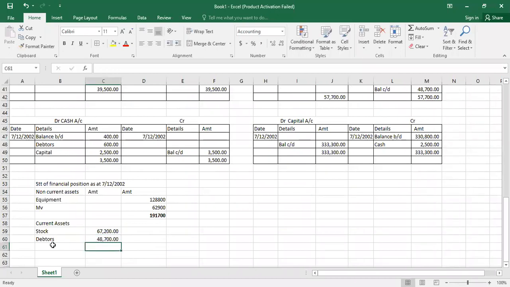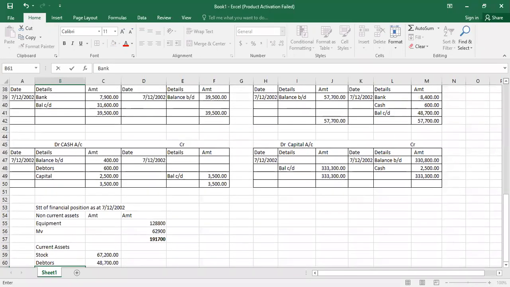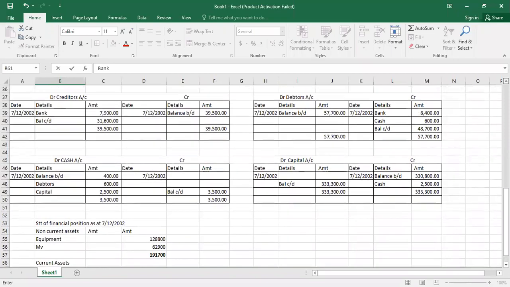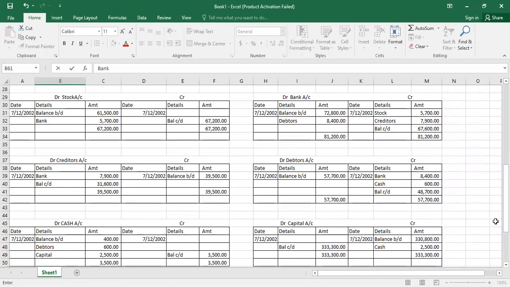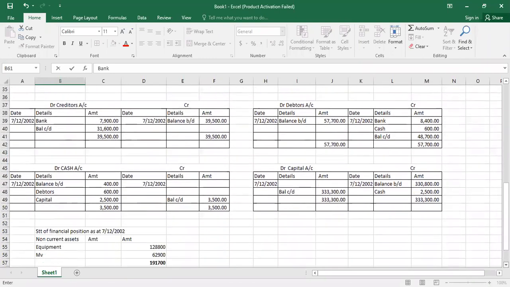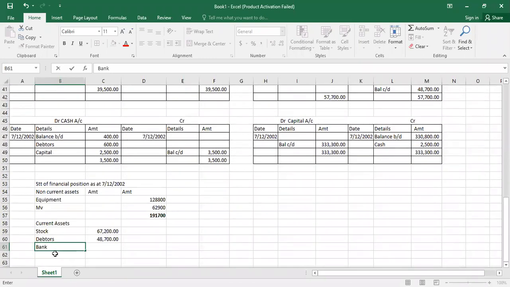We go on. Then from there we can now go to the cash at bank. What was the cash at bank? 67,600. Then we end with cash.